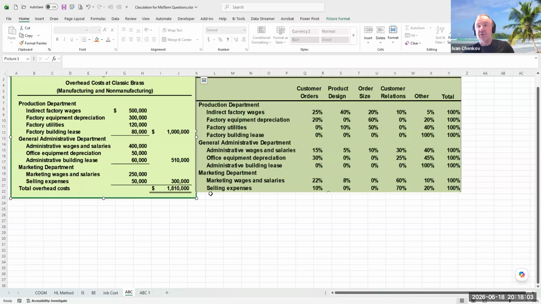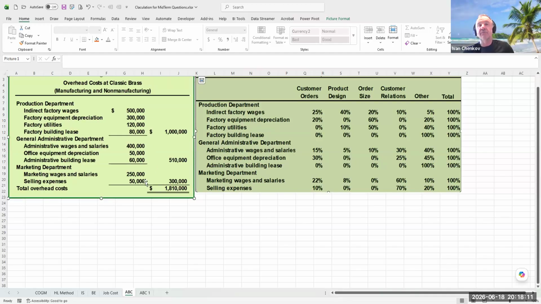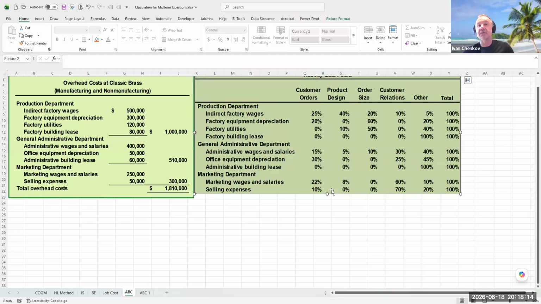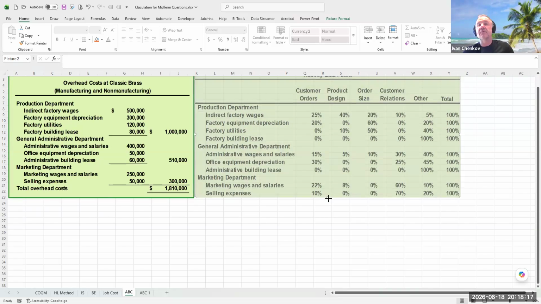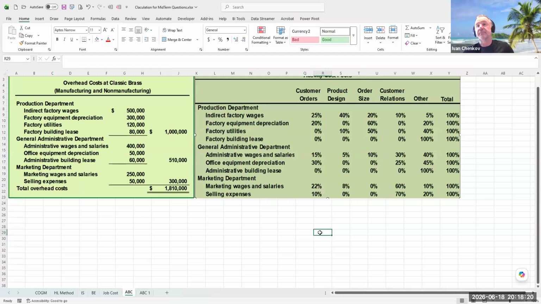Once I prepare this chart, my total cost has to be exactly the cost on my initial information, because I'm not changing the cost, I'm allocating it based on the activity. Total cost has to be the same. If it's not the same, you're making a mistake. Usually the easiest way to check yourself is on the total of each of the costs.